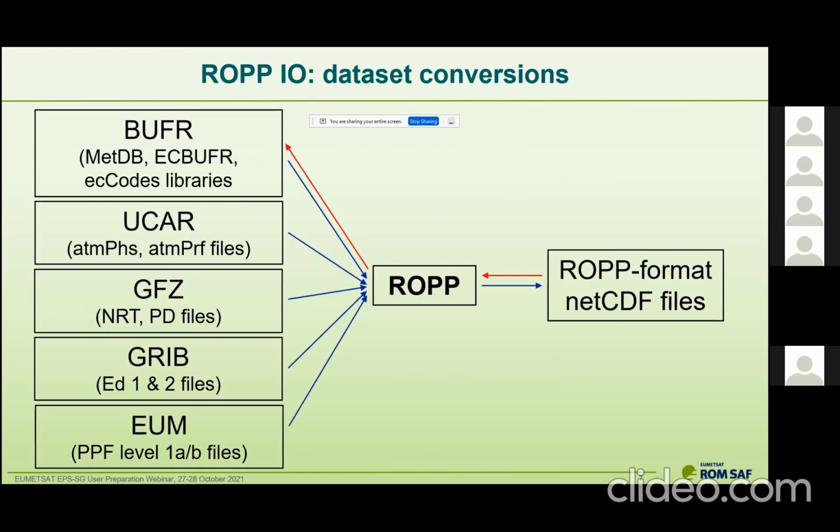So here is basically the same thing in schematic format. There are 3 different buffer libraries that we support currently: the 2 UCAR types of file, GFZ files, the grid files, editions 1 and 2, and these PPF files from EUMETSAT. We can read all of those in and produce a standard ROPP format file. And in one case, we can also go backwards and produce buffer files from that ROPP format.